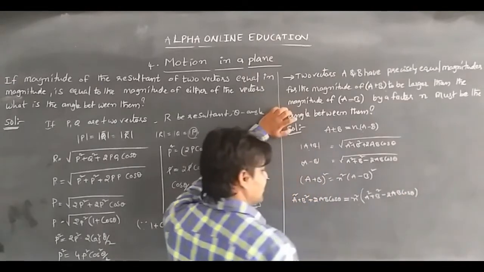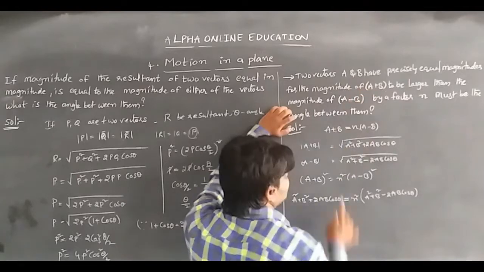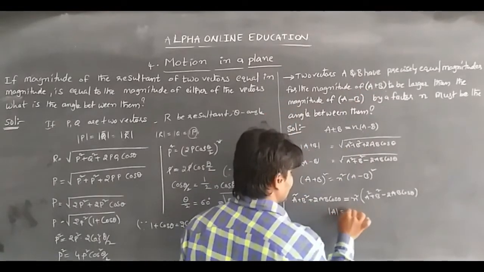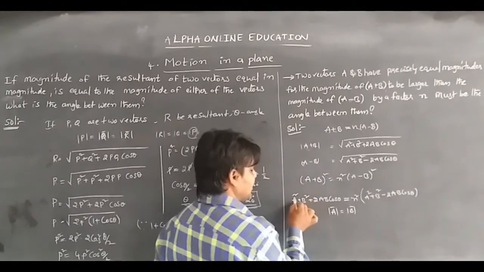Then he gave that A and B are precisely equal in magnitude, so we write that mod A is equal to mod B. Then instead of B we can write A.